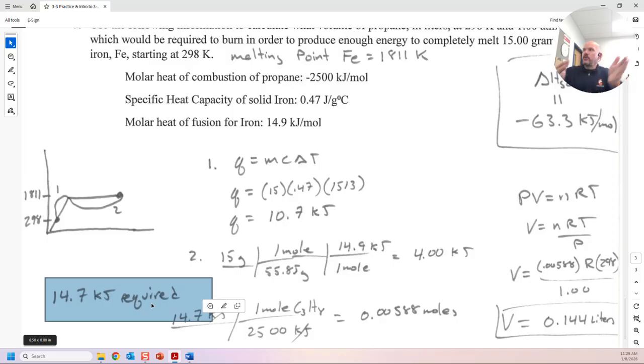If all the energy produced by the combustion of propane was absorbed by the iron and none went to the environment at all, then that's the minimum amount of propane required to produce this much energy. And it's this much energy required by the iron to absorb to completely melt it when it starts at 298 Kelvin. Okay. All right.